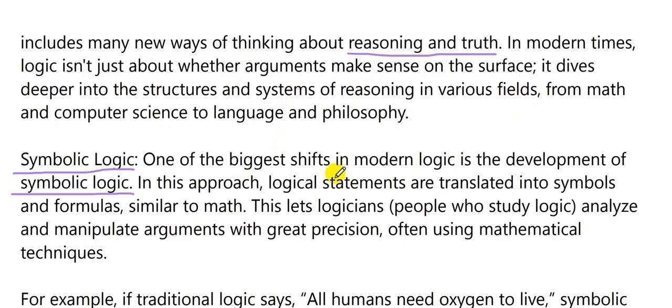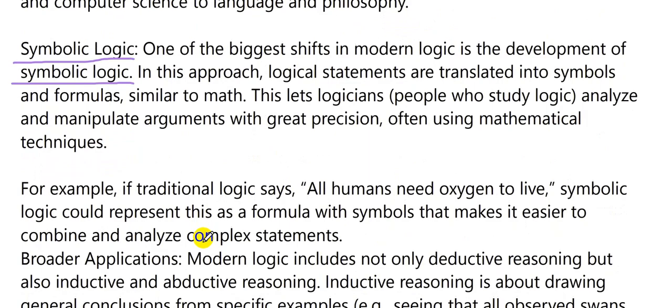Now, modern logic is based upon symbolic logic. In this approach, logical statements are translated into symbols and formulas similar to math. This lets logicians, people who study logic, analyze and manipulate arguments with great precision, often using mathematical techniques.